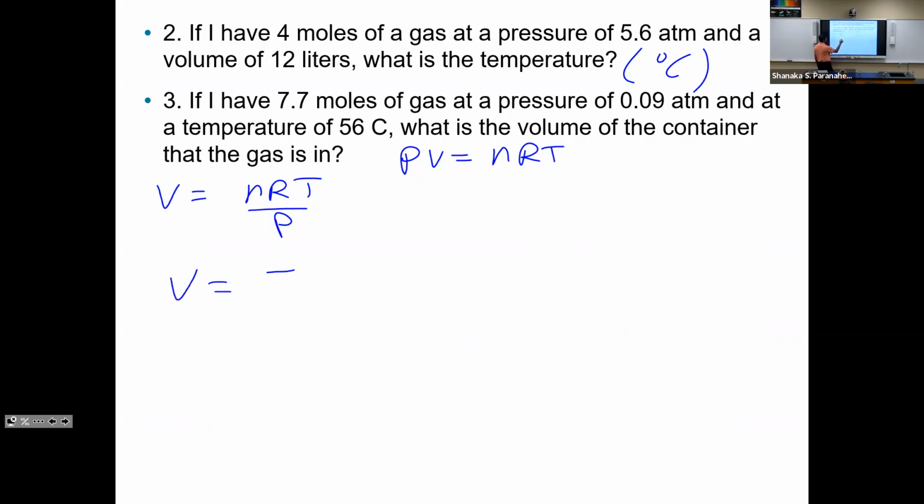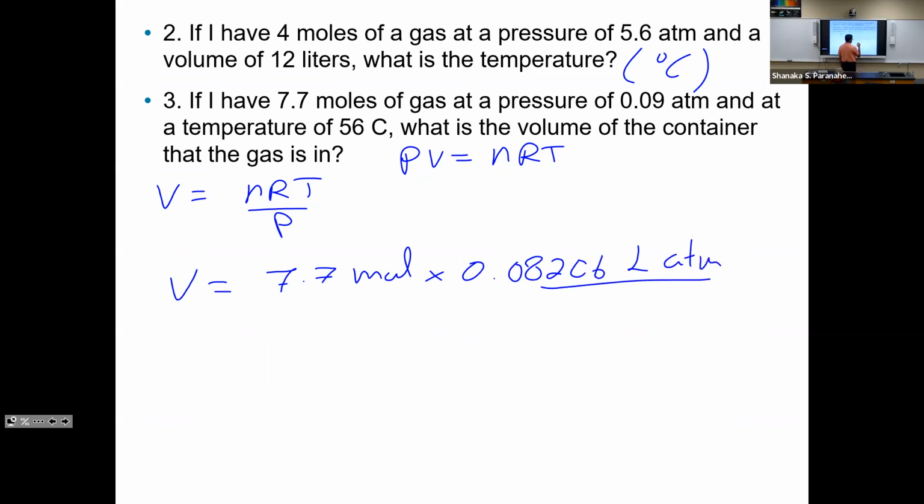And 7.7. R, same R value. Equal 8 ppm. Moles Kelvin times T, temperature 56 plus 33.